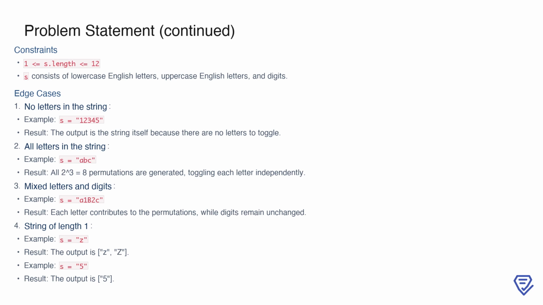For mixed strings, such as S equals A1B2C, we toggle only the letters while digits stay fixed. Finally, for a single character string, if it's a letter like S equals Z, the output is both Z and z. If it's a digit like S equals 5, the output is just 5. These scenarios ensure that the solution handles all possible inputs effectively.